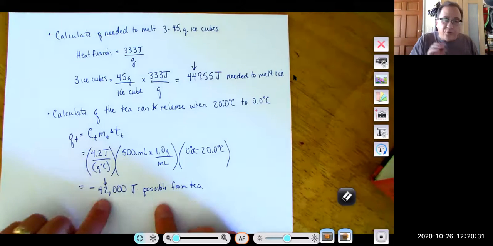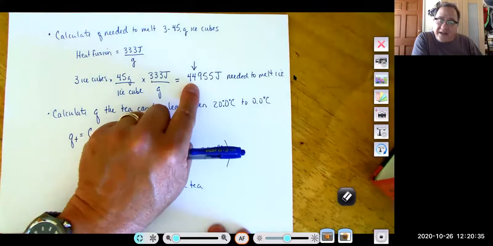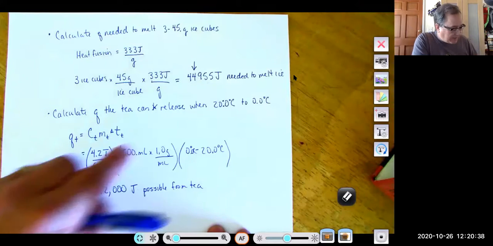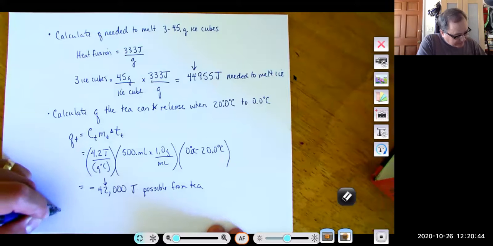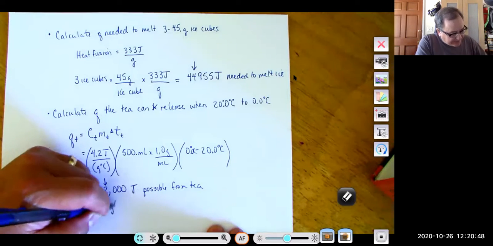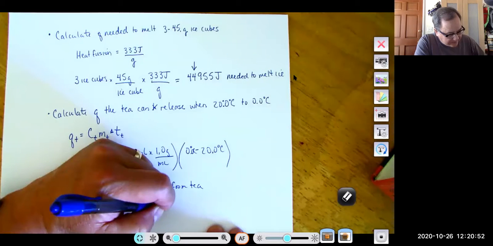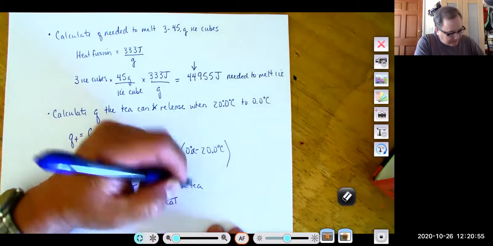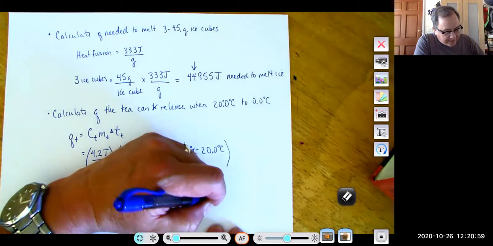You need to release 44,955 joules to melt all the ice. So we would say, first of all, there is not enough heat from the tea to melt all of the ice.